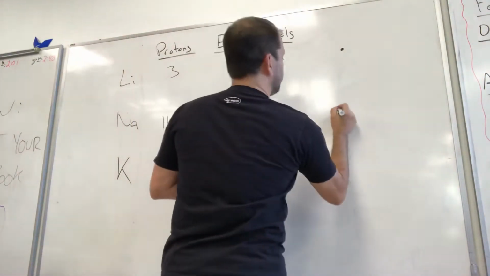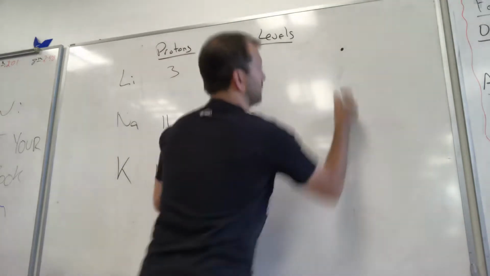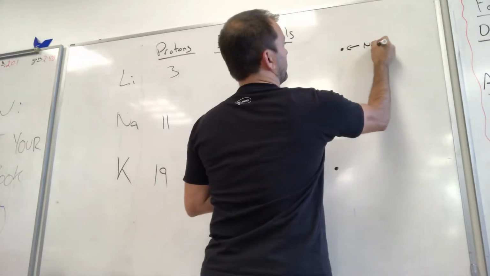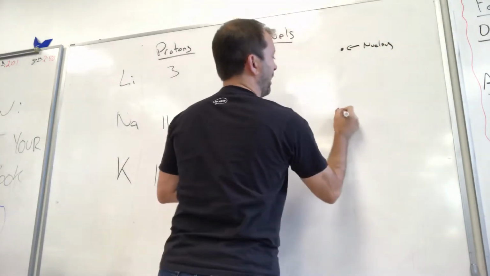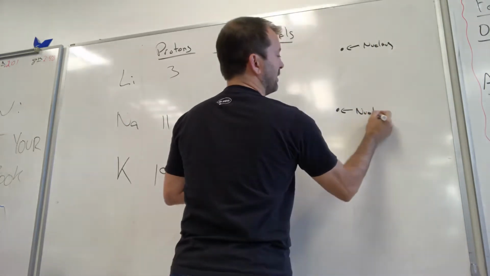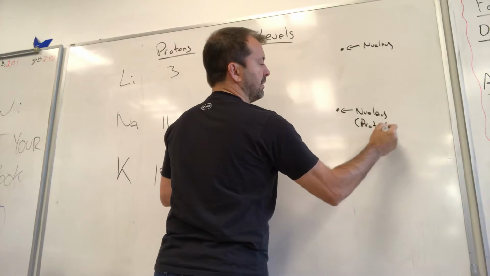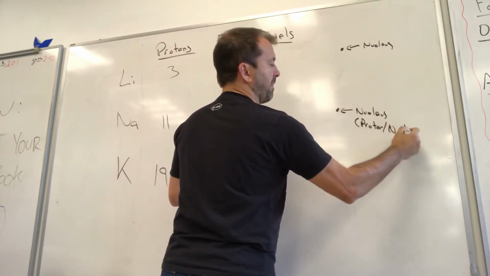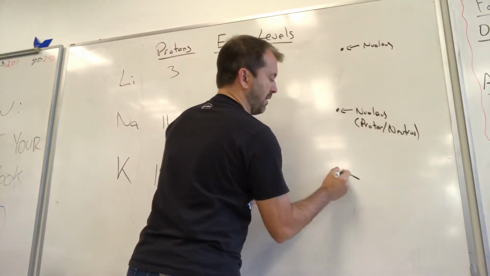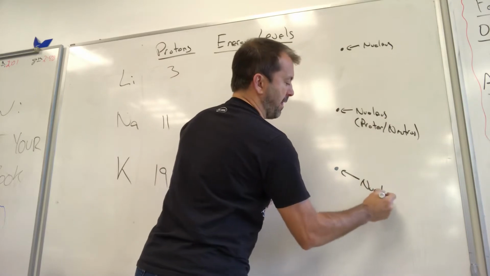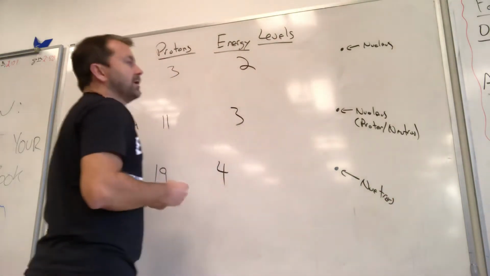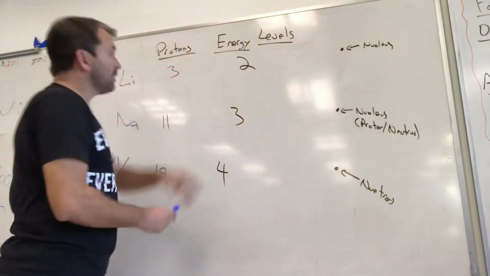So now what that means is if we look at each of these atoms, right, in the middle of each of them is the nucleus, which is where the protons and neutrons are. Right? But around each of those are our energy levels.